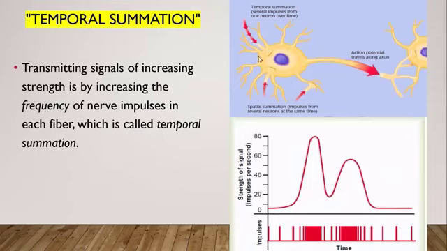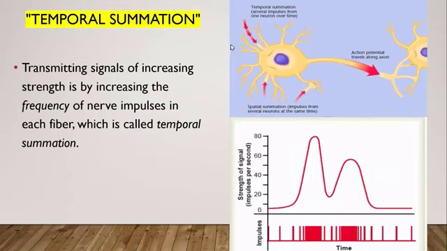If the duration between each stimulus is increased, the neuron may not produce a postsynaptic action potential. But if we reduce the duration between stimuli and increase the strength of stimulation, it will produce a postsynaptic action potential. So this is called temporal summation.